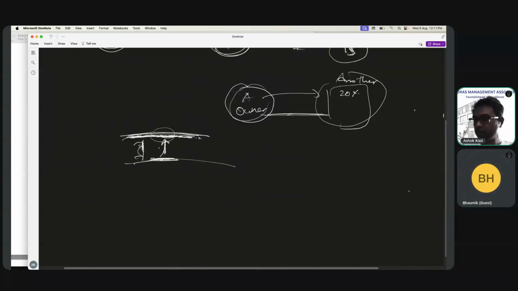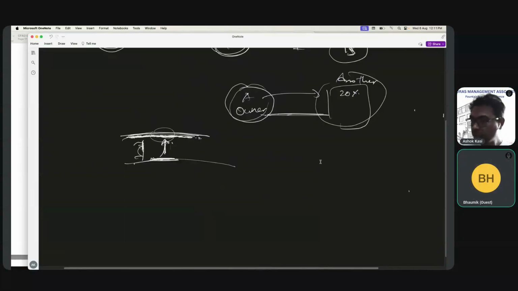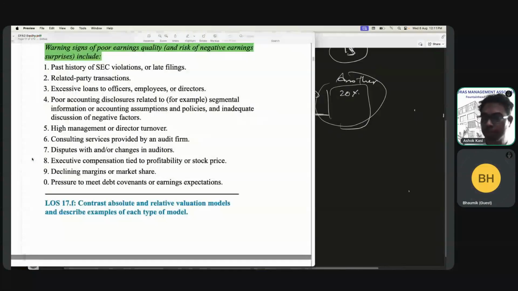They also advise you to do this and increase the depreciation, or do this and decrease the depreciation, or else capitalize your transactions like this. Most of the time, they are also a part of all the game happening around, which can lead to poor earning quality. Okay, got it.